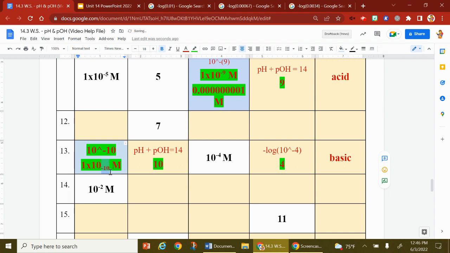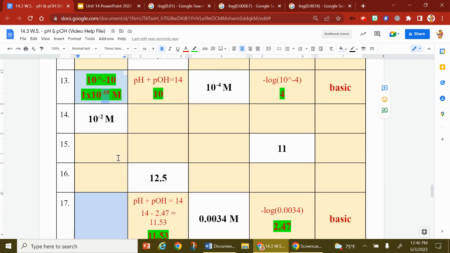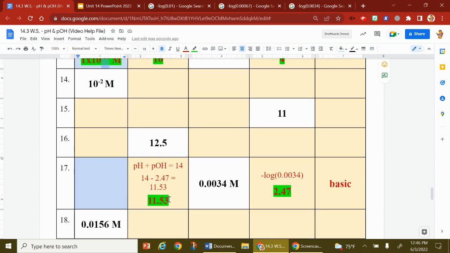Now, these have been easy numbers so far. What about something trickier? Like, what in God's name must the concentration of acid be to get you a pH of 11.53?